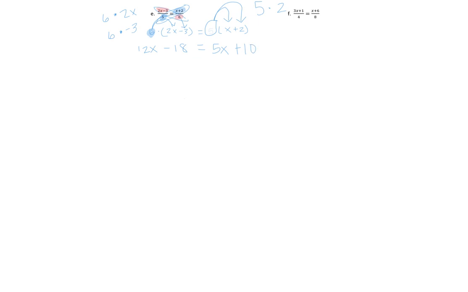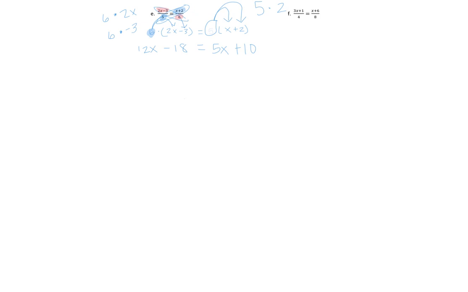All right, so again, the goal is the same thing, to solve for x. Once you've distributed, if there's nothing that you can combine for like terms, and that's the case here, all I'm going to do is start solving for x. So I need to grab the smallest x that I see and move it to the other side. Between 12x and 5x, the smallest one is 5x.